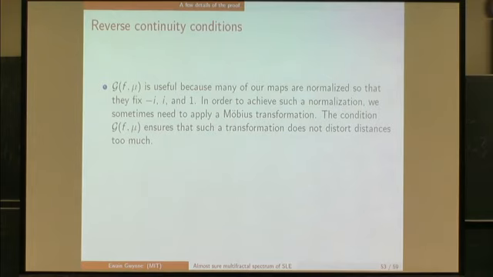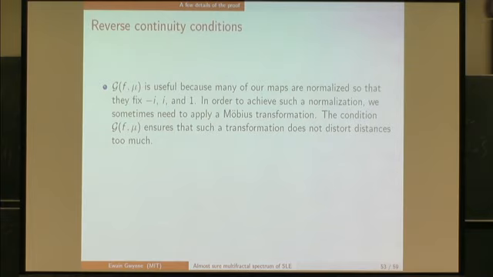And we don't want this Mobius transformation to distort things too much, because then this will mess up our derivative estimates. And this is basically equivalent to saying that the images of negative i and 1 are not too close together. Because so long as the images of the points that you're mapping to negative i and 1 are not too close together, then your Mobius transformation isn't going to distort distances and derivatives and such too much. And this is exactly what the event script G is telling us, that the points won't be mapped too close together.